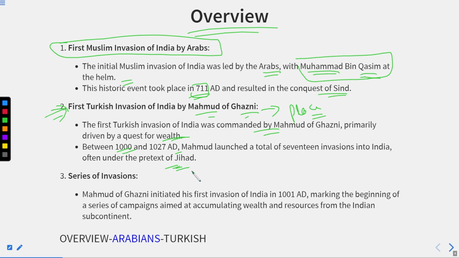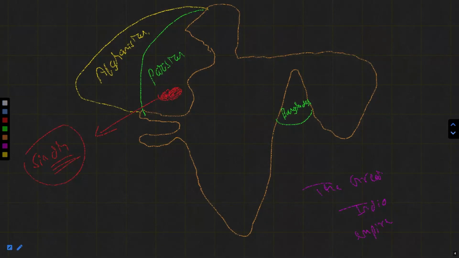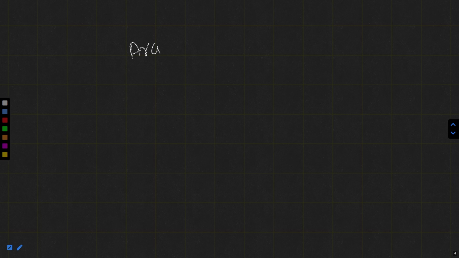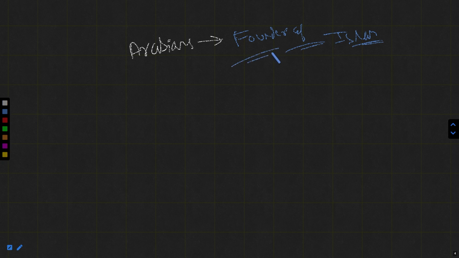pretext of jihad. Here let me tell you one thing. The Arabians were the founders of Islam. Prophet Muhammad was an Arab. Thereafter, how was the Turkish clan born?